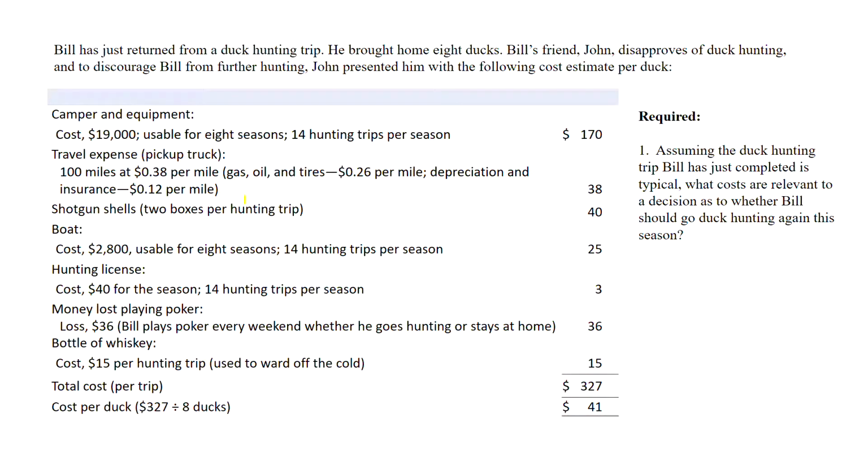The problem here, though, is that some of these costs are relevant and some of them are irrelevant. The gas, oil, and tires, so I'll highlight this here, is relevant because obviously if Bill doesn't make the trip and the vehicle sits in Bill's driveway or garage, then we're not going to have that extra 26 cents per mile. So that would be relevant.